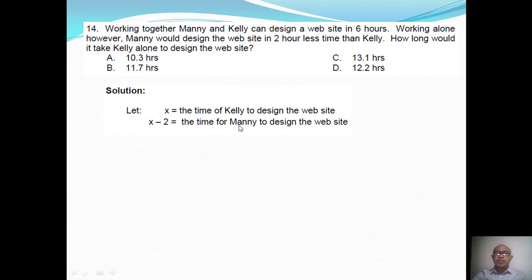So we can use our equation number 3: the summation of the individual rates is equal to the combined rate. So that is 1 over x plus 1 over x minus 2 is equal to 1 over 6. And x is equal to 13.1.